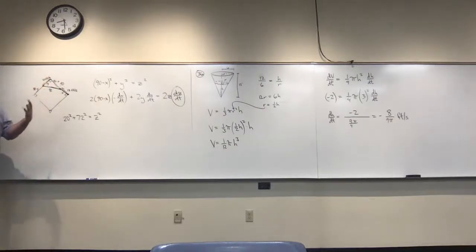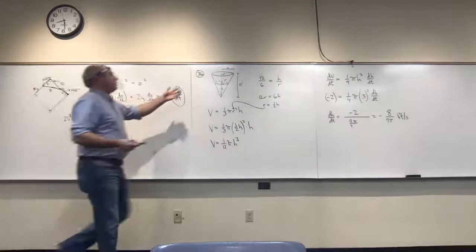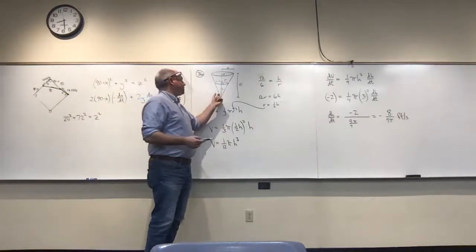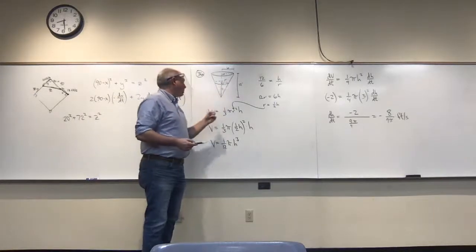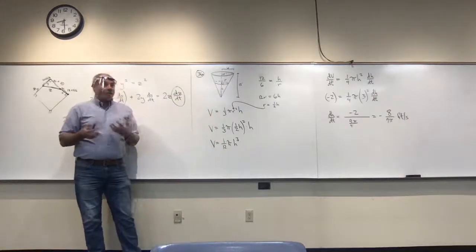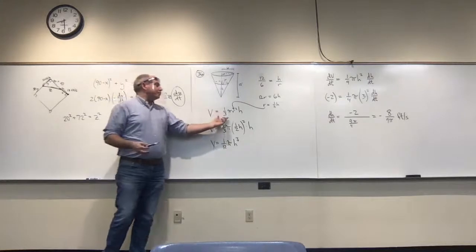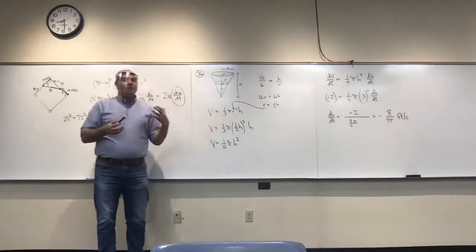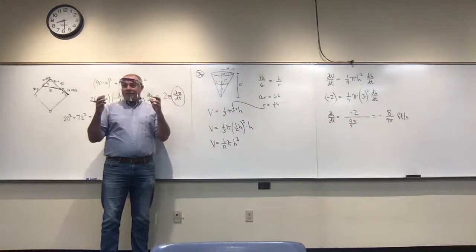So you've got a bunch of variables, or here, this is kind of a tricky one in some sense because even the variables I wrote, V's not involved. But I know I need to get the volume involved. So this one, it's pretty easy to know what's that related formula.